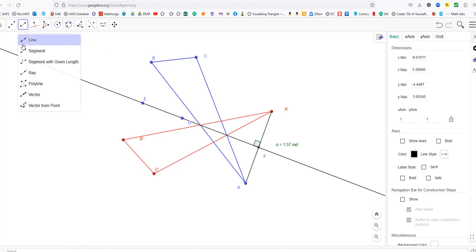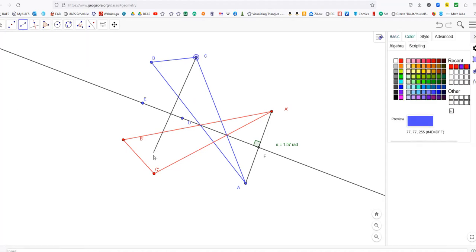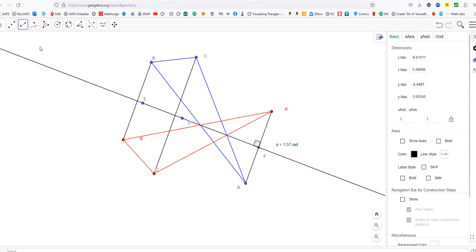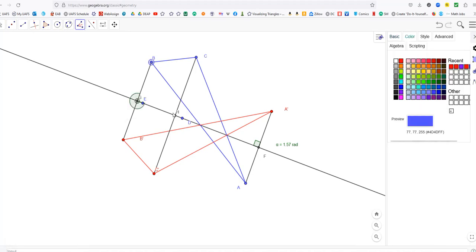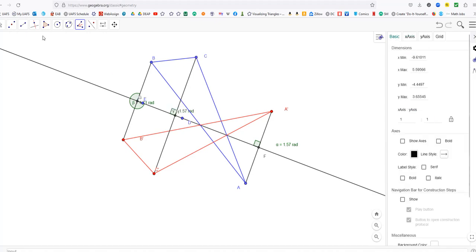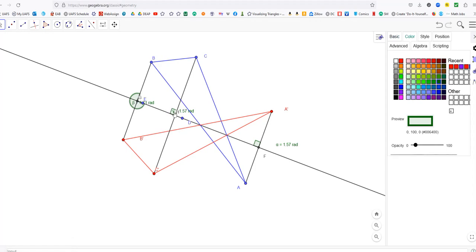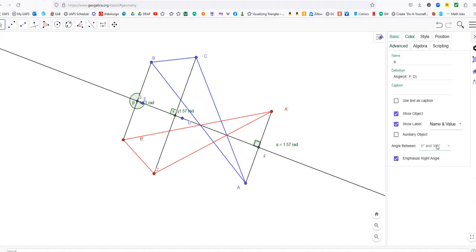And it doesn't just happen there, it happens at every single point along the way here. So again, the midpoints of all of these are on the mirror line, and the angles are all right angles. So every one of these right here is actually a right angle.